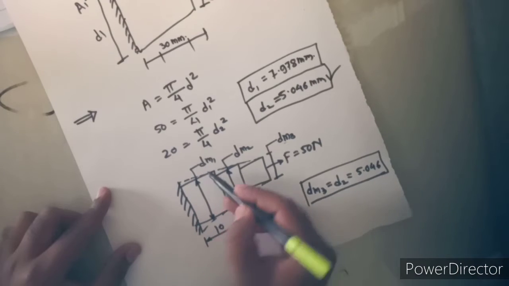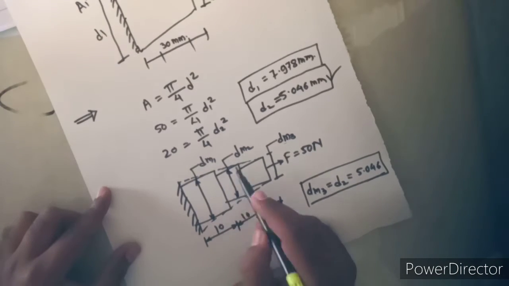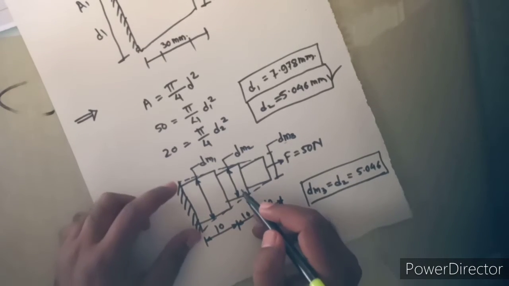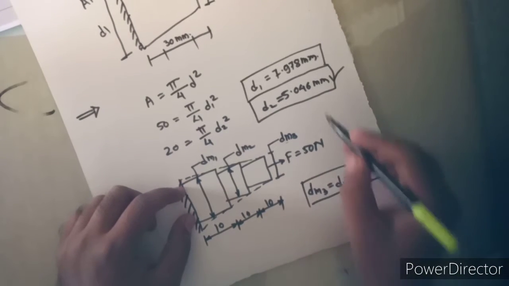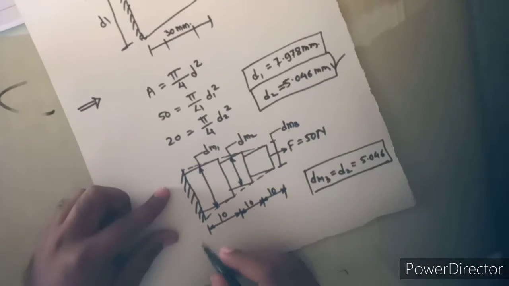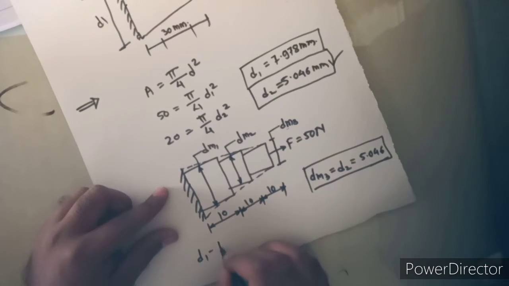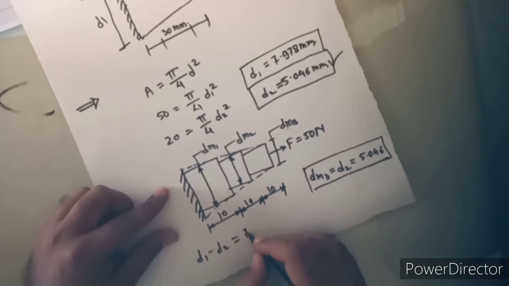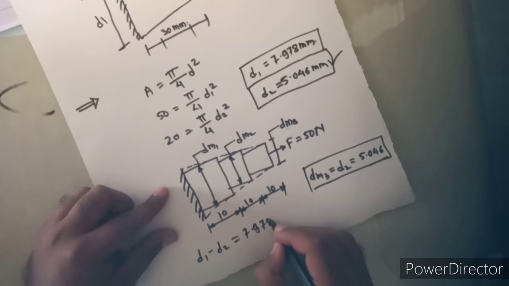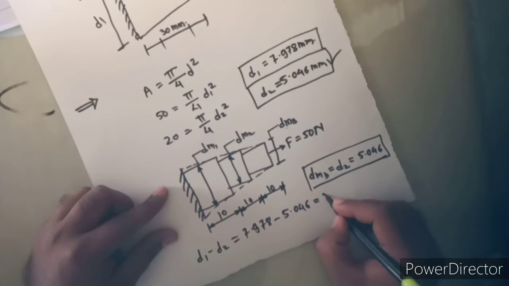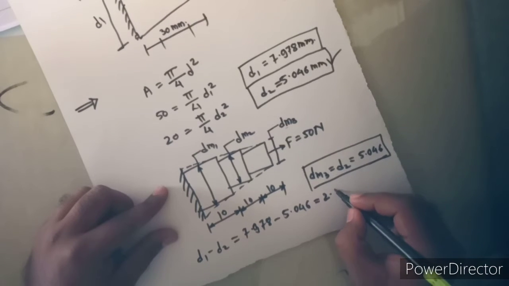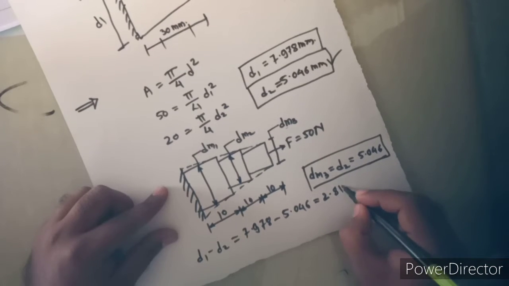From this figure we need the difference between the maximum and minimum diameter. D1 minus D2 is equal to 7.978 minus 5.046 is equal to 2.812.